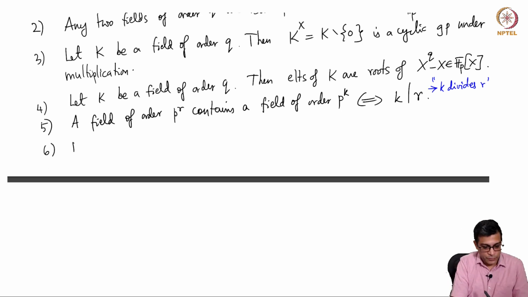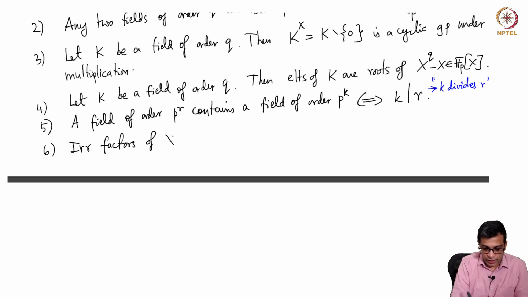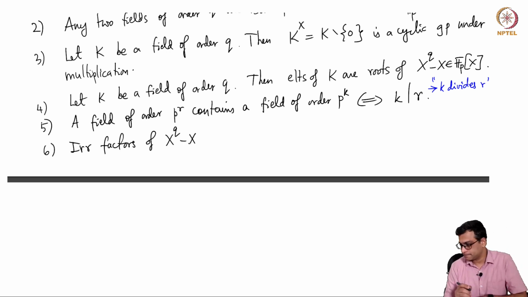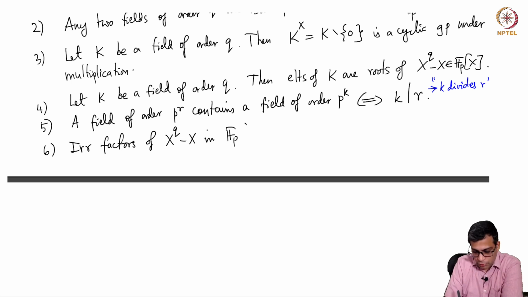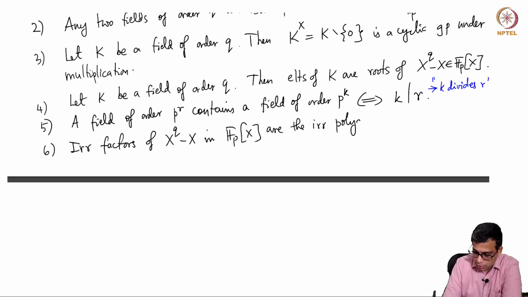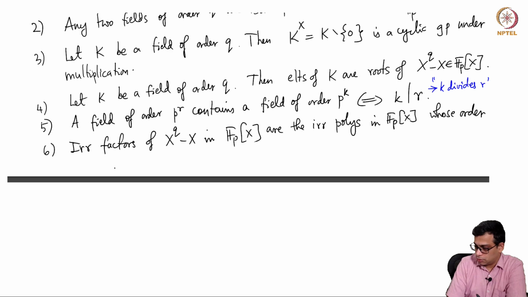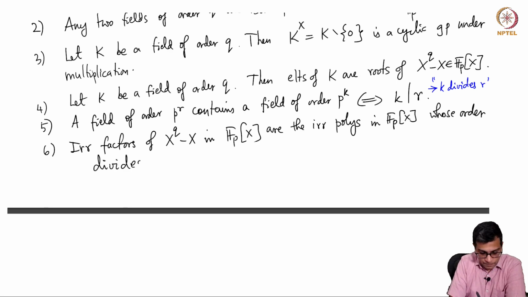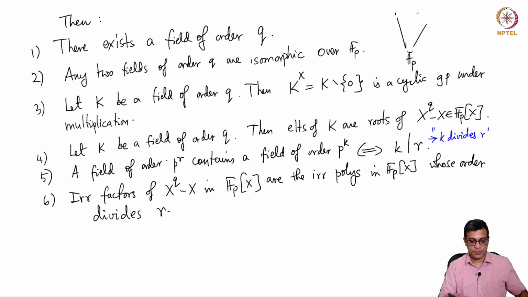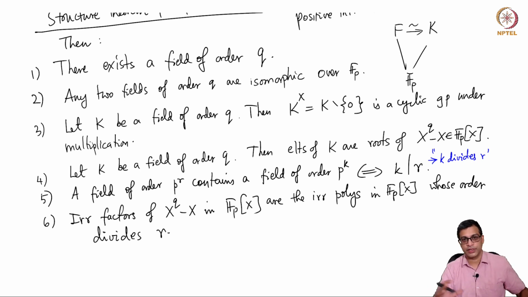And finally, this might be useful for us later. Irreducible factors of x power Q minus x in Fp[x] are the irreducible polynomials in Fp[x] whose order divides R. If you recall this, that's good, otherwise you should go back and check the proof of this theorem.